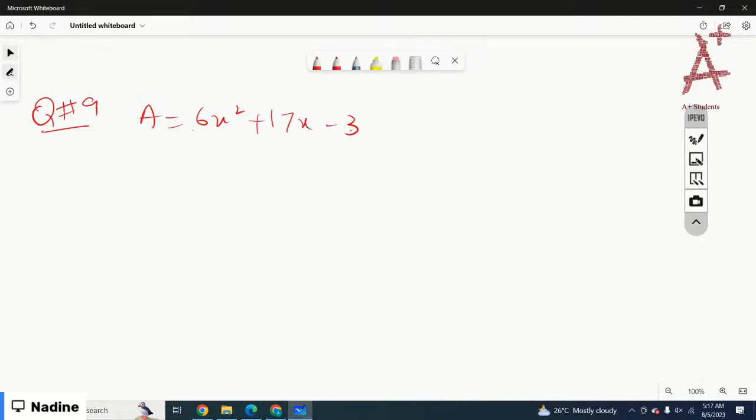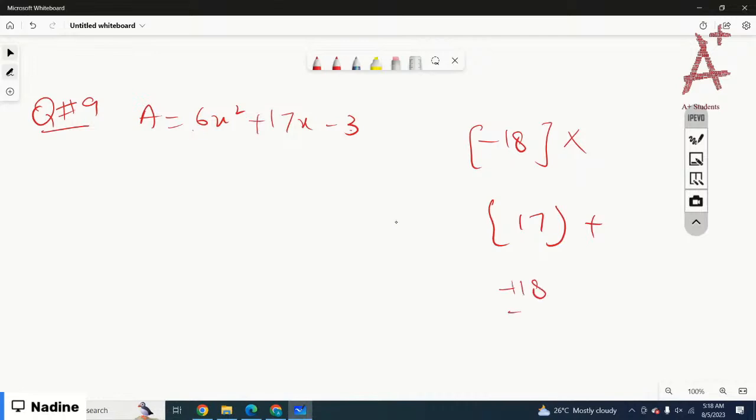Okay, 3 times 6 is negative 18. So you have to find two numbers whose product is negative 18, and when you add them it makes 17. 18 and 1.